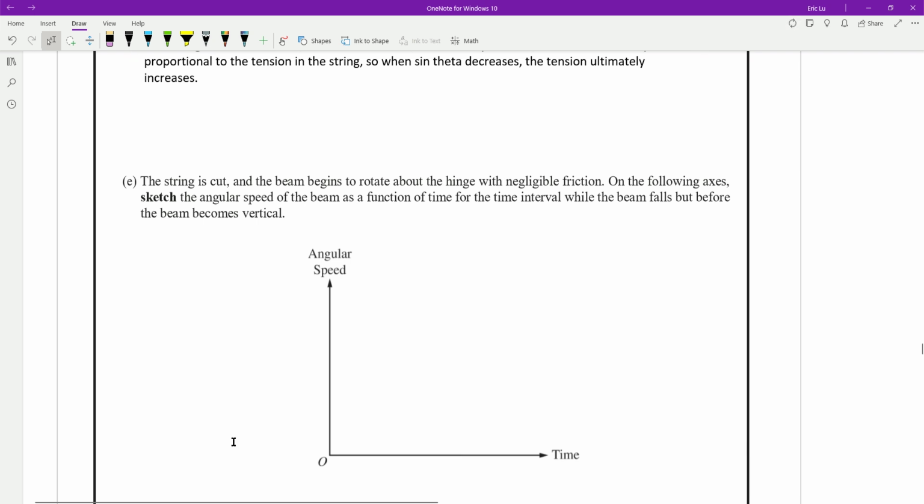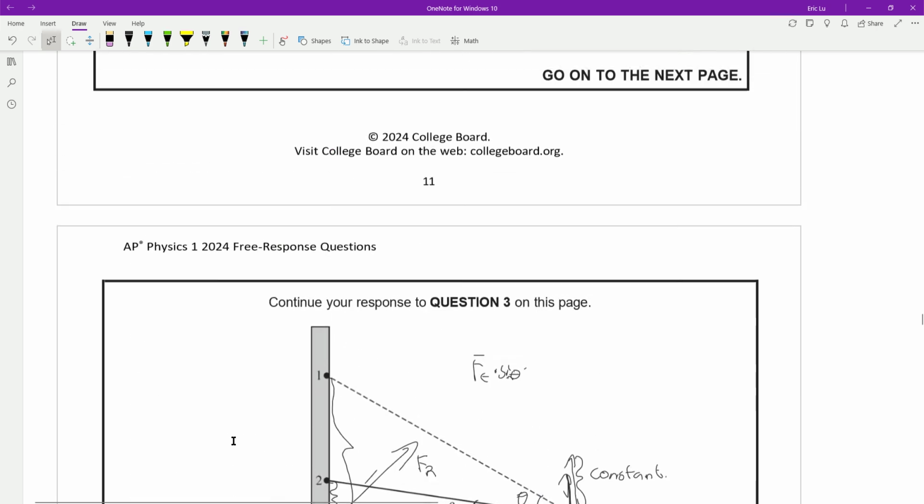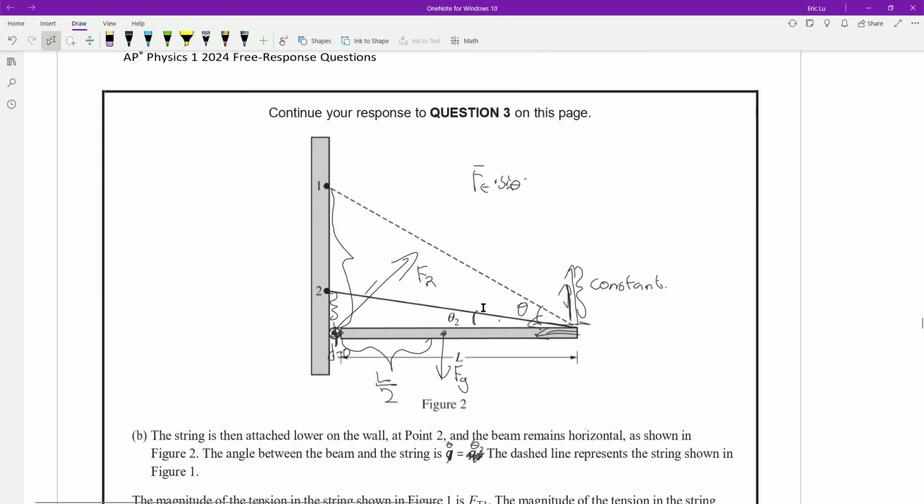So what happens here is when this is released, the initial angular speed will be very great, because the torque exerted by the force of gravity is perpendicular to the beam.